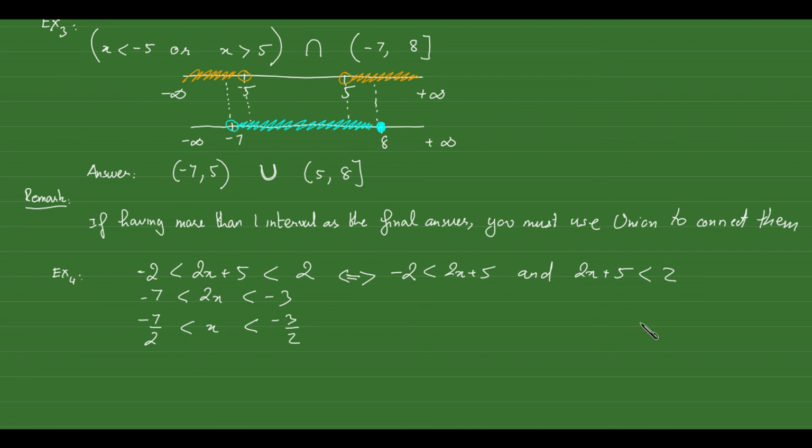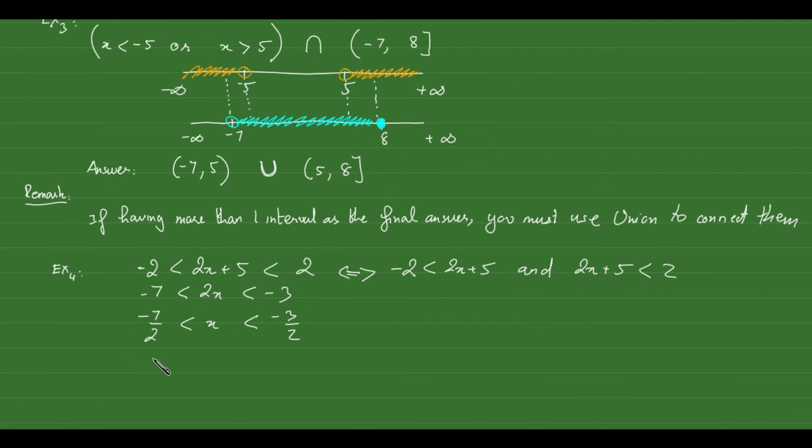Then the interval notation will be parentheses, negative 7 over 2, comma, negative 3 over 2. That's your final answer. So actually it's in between. The inequality signs over here tell you that it's in between.